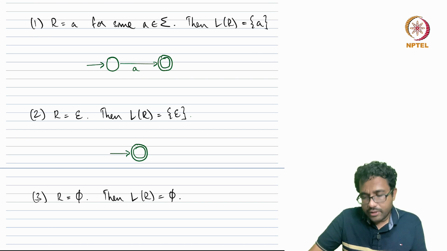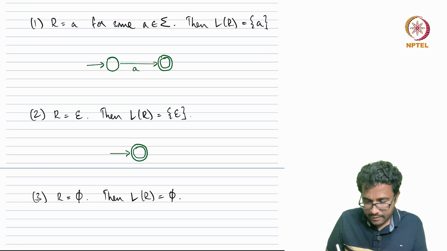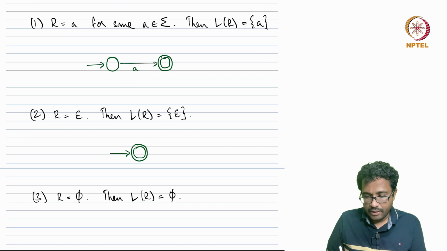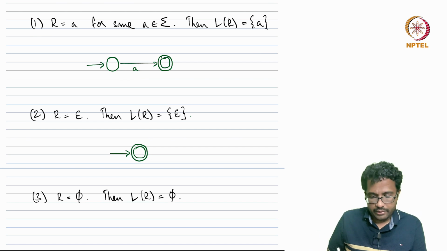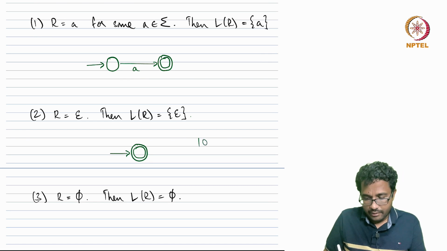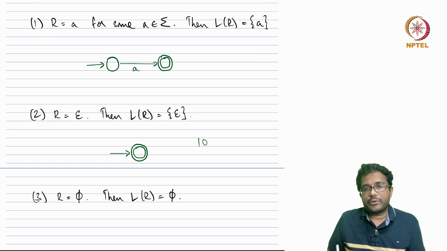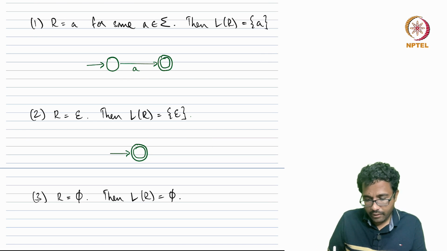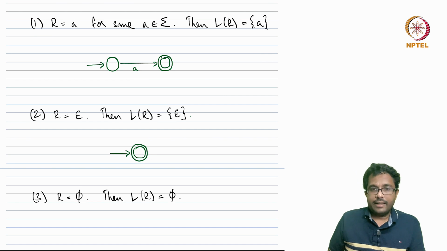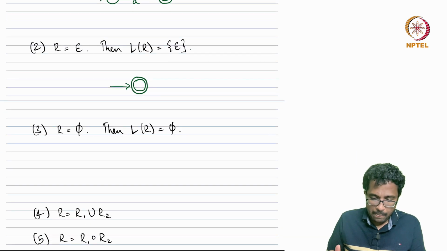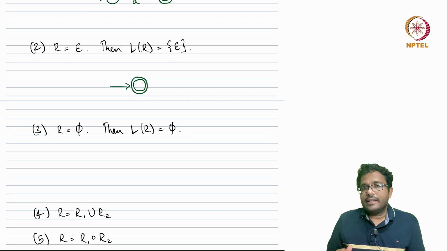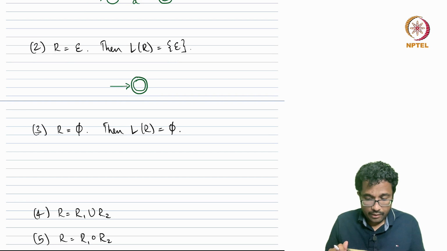If there is any more symbol, this machine cannot process it because there are no outgoing arrows. So if the string 1 or 0 1 0 is input, we cannot process the string because there are no outgoing arrows from here. So this accepts only the empty string. This is a valid NFA that only accepts the empty string.